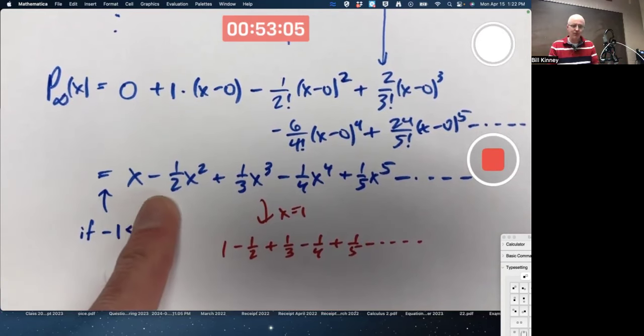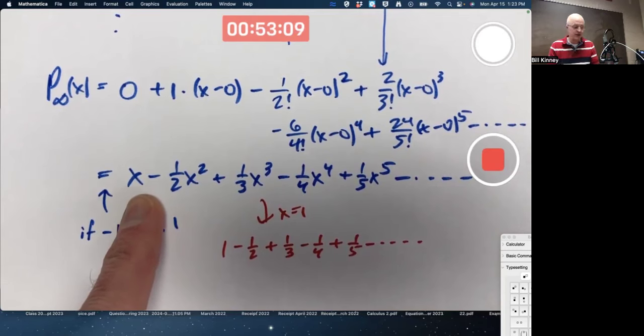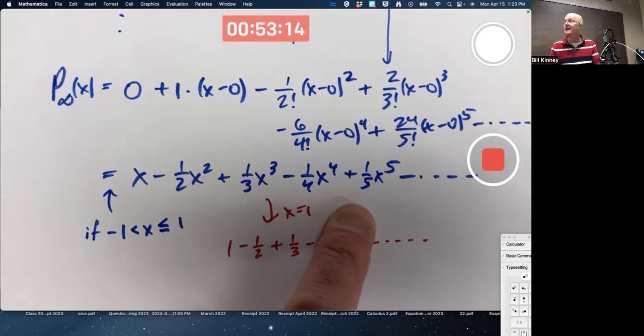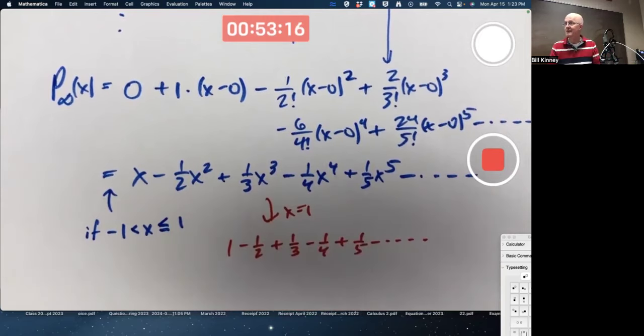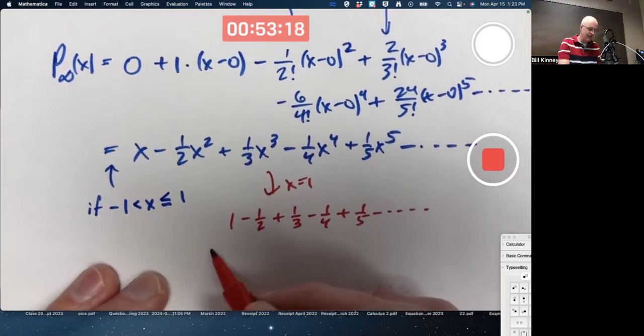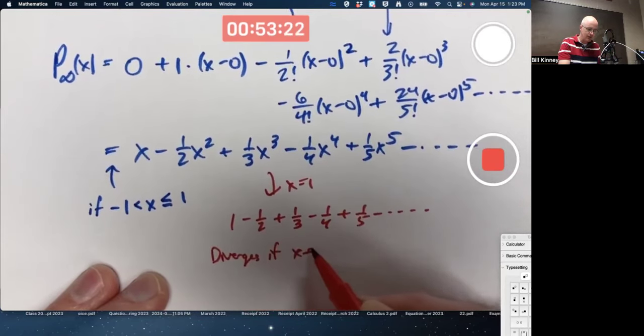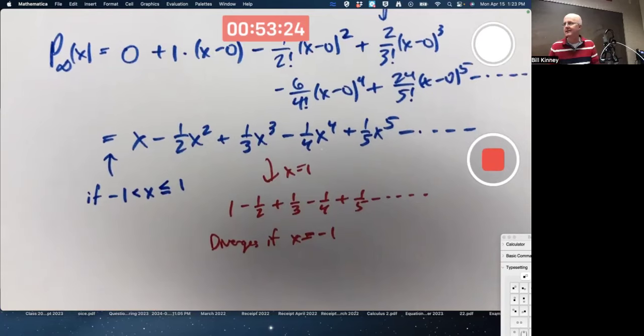If you plugged in -1, you'd get the opposite of the harmonic series. You'd get -1 minus 1/2 minus 1/3 minus 1/4 minus 1/5. It would diverge when x is -1, because it's the opposite of the harmonic series in that case.